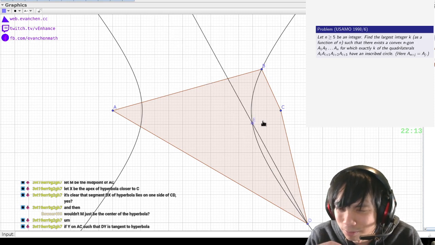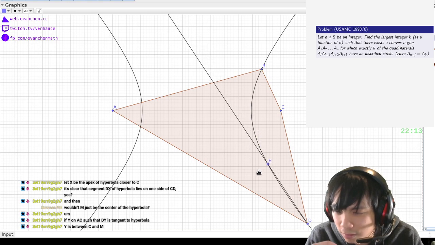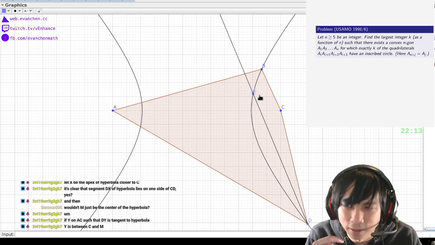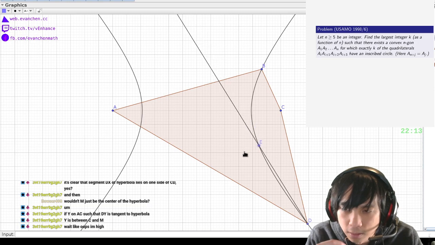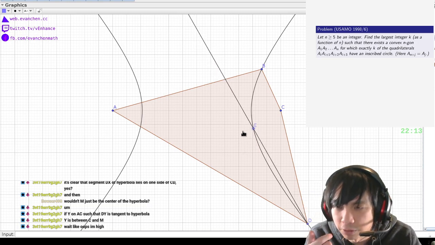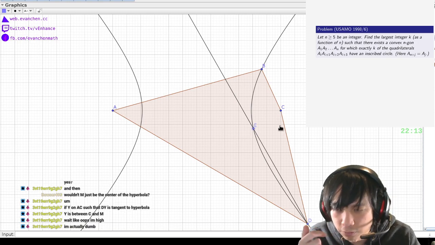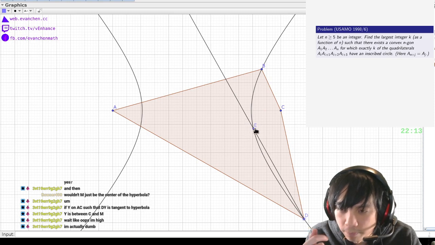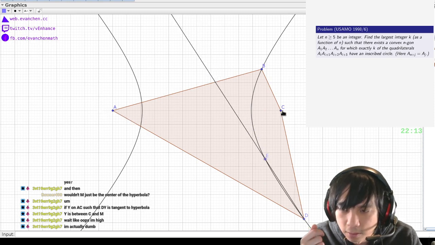Honestly, the tangent argument might be easiest. So you consider the tangent. I think as I vary E, there's a bijection between points on the hyperbola and, let's say, the line AC. If I fix D, there's a bijection between points on the hyperbola, E, and the line AC.